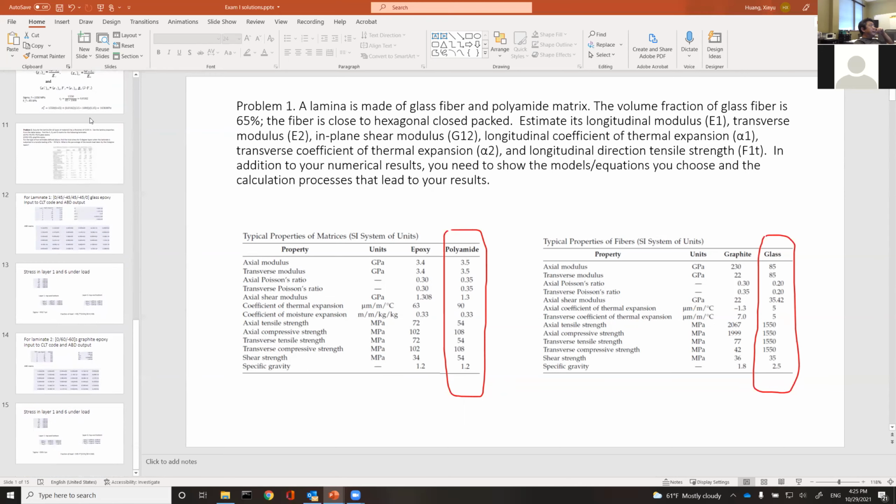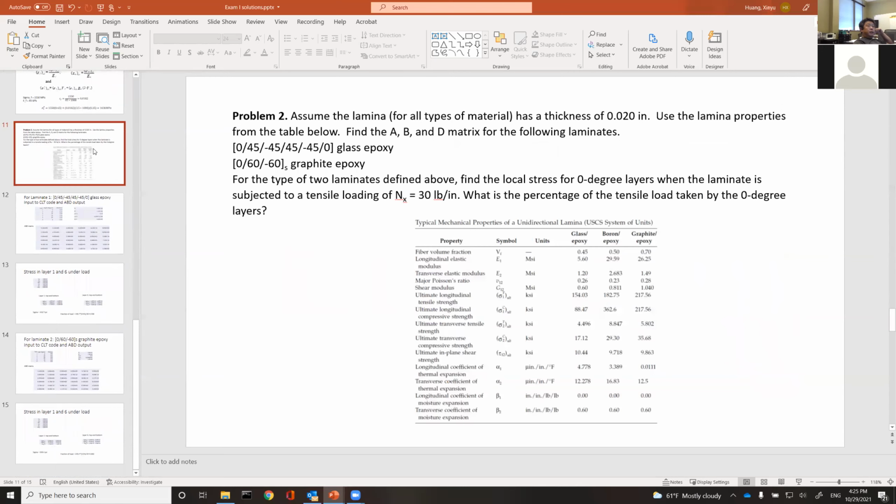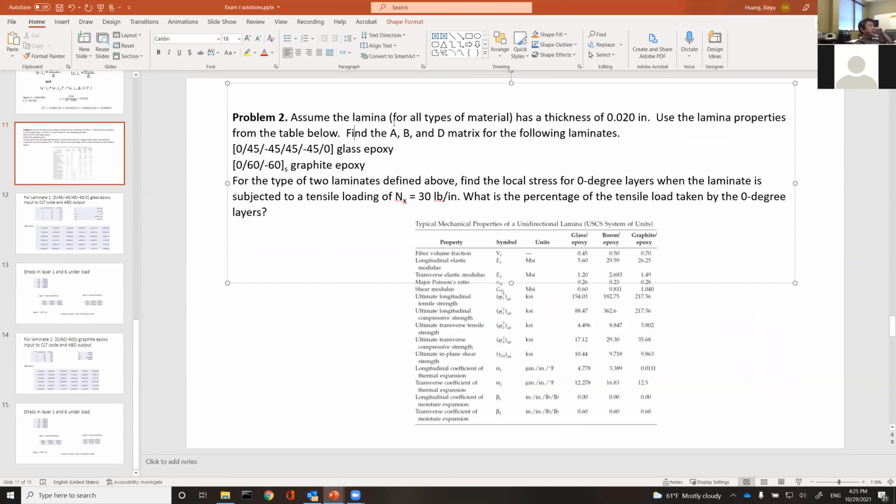All right, let's do the second problem. The second problem is basically doing some very simple classical laminate theory calculation. So basically, I ask you to calculate ABD of two laminates.